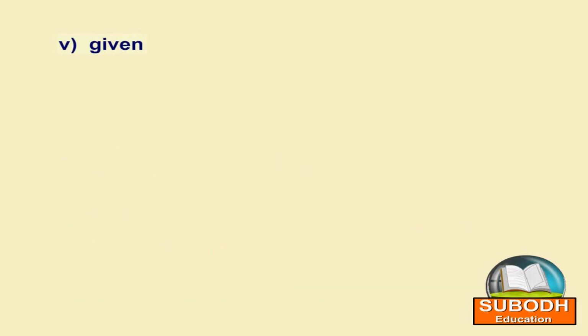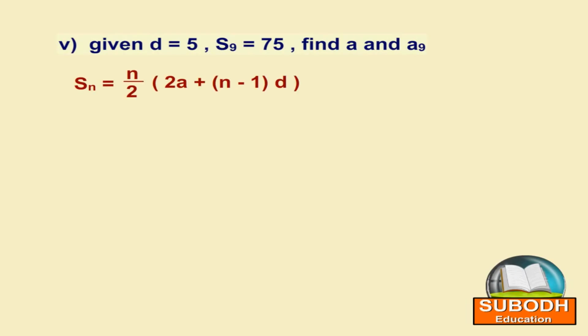Example 5. Given d is equal to 5, S9 is equal to 75, find a and a9. Sn is equal to n by 2, 2a plus (n - 1) into d. S9 is equal to n, 9 by 2, 2a plus (9 - 1) into d, 5.